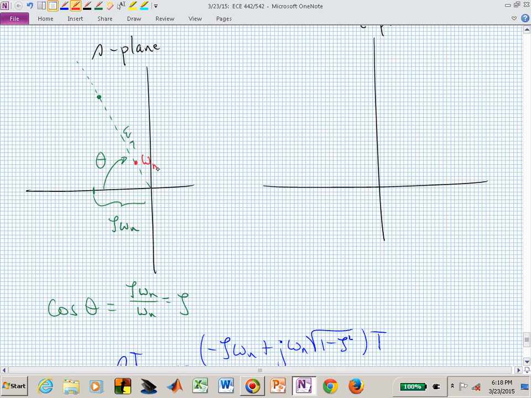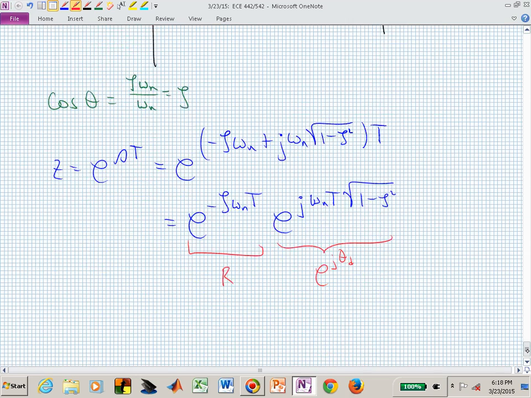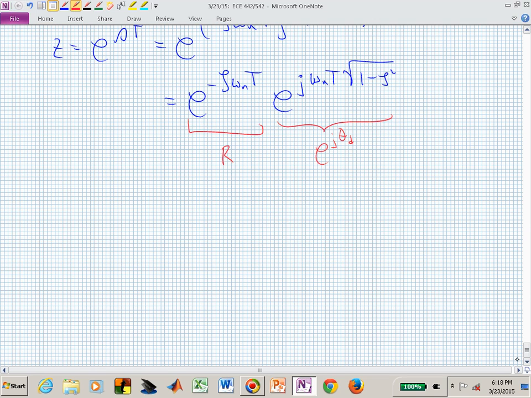Maybe that's omega sub n1. Then I have another one, let's say omega sub n2. And then another one, omega sub n3. What does that do here? Is it clear what I'm trying to do? I'm trying to find a pattern or some kind of curve in the z-plane.